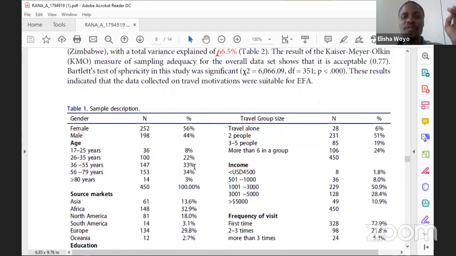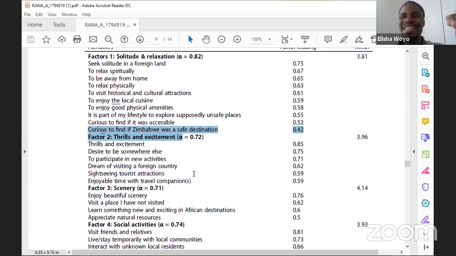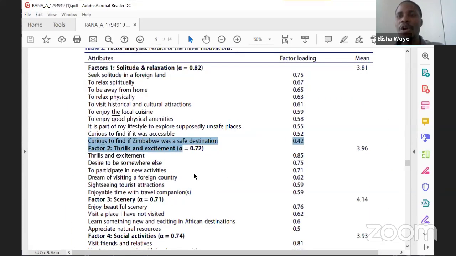And for all these to be considered factors, they must load at an eigenvalue that is greater than 1. If they don't load at an eigenvalue greater than 1, then what it means is these factors are not really good enough for you to do the analysis.